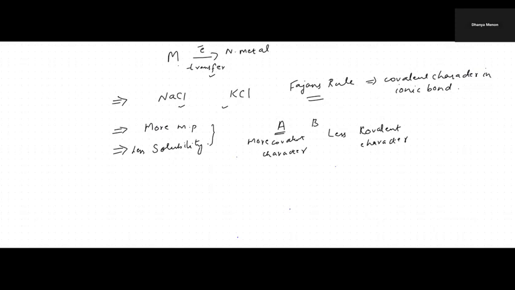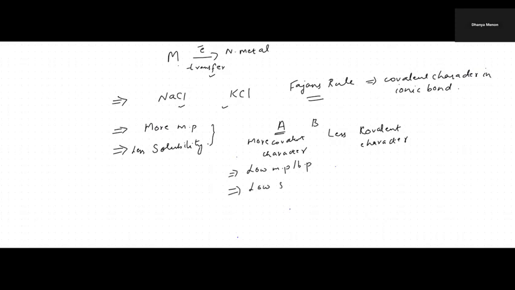A is an ionic bond, B also is an ionic bond, but A has more covalent character. That means it will have low melting and boiling point. Covalent compounds have low melting and boiling point, and also it will have low solubility in water.